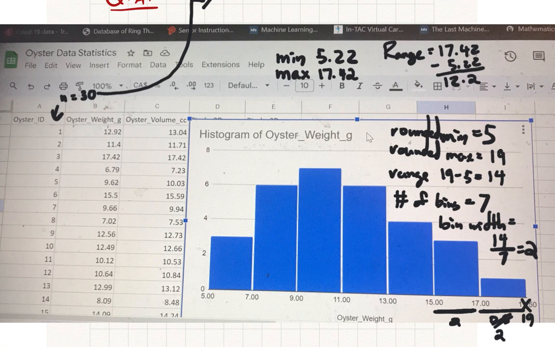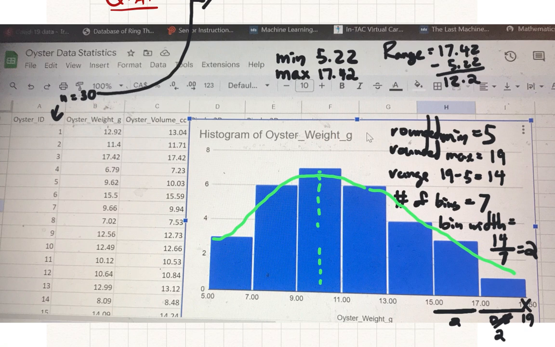So we can say that we have 30 data points, and this graph shows us that there's a nice trend going on here where the data seems to be centering somewhere between 9 and 11, so that seems to be where most of the data is, and then it spreads away from that a little bit.